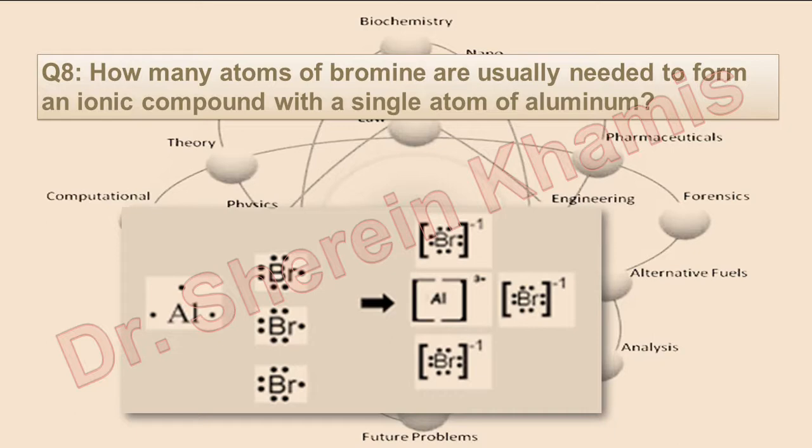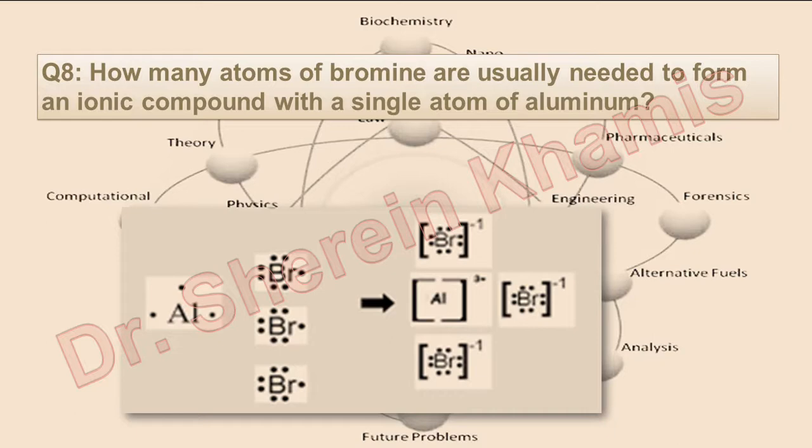So we have 9 pairs of unbonded electrons and 3 pairs of bonded electrons. I think it's an easy question. At the end we have here bromine -1, bromine -1, bromine -1. So it's an electronic structure, or dot notation, at the end after making an ionic bond.